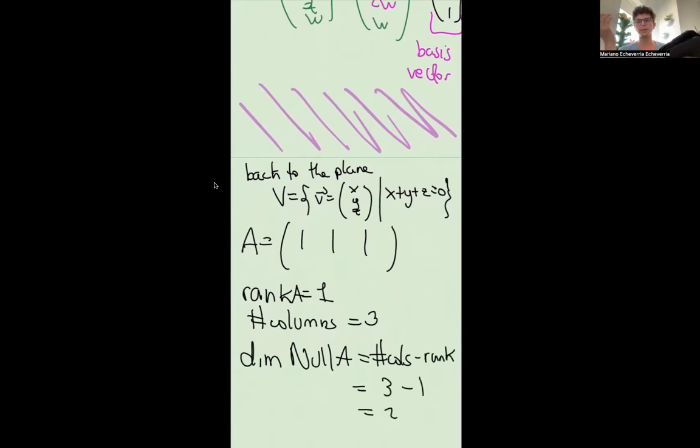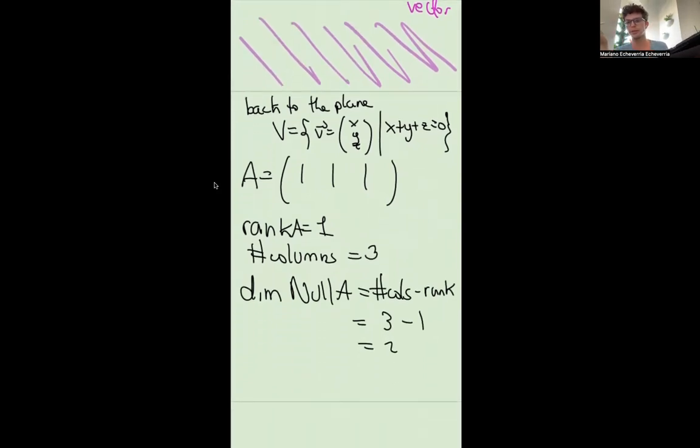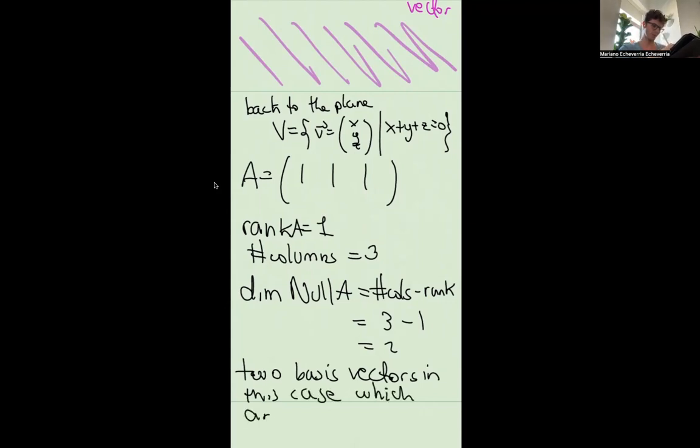That's why I was saying that everything could be written in terms of, so there were 2 basis vectors in this case, which were the ones that we found before. Is that making sense?